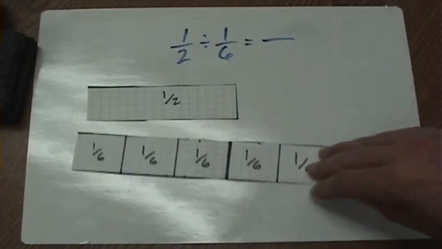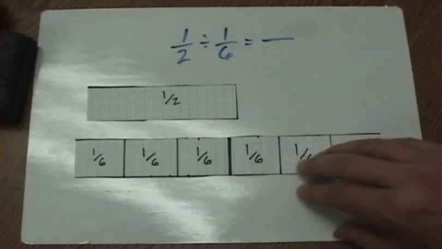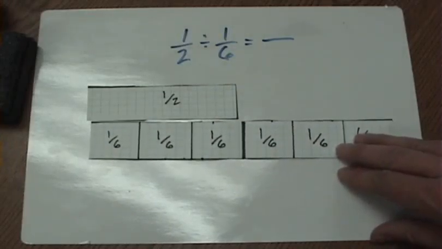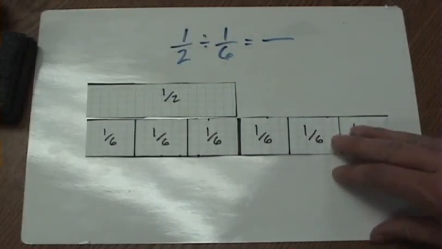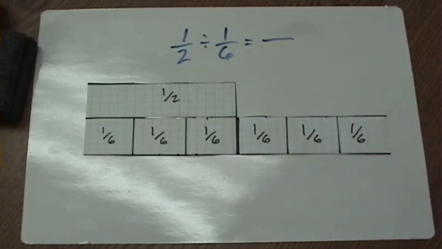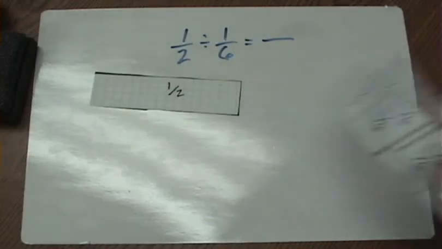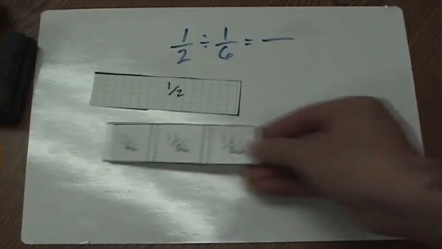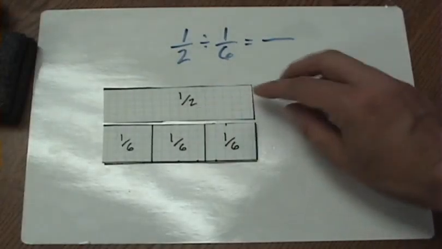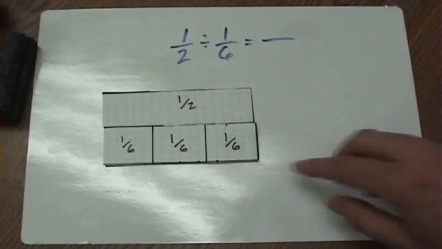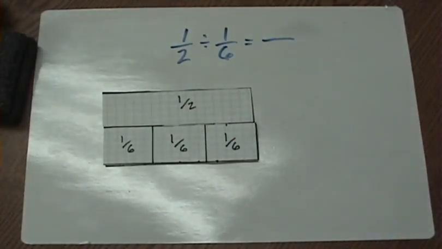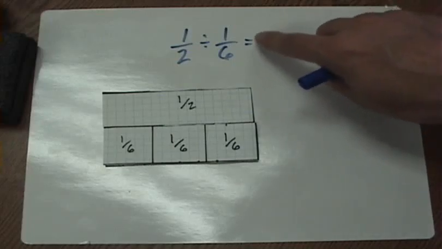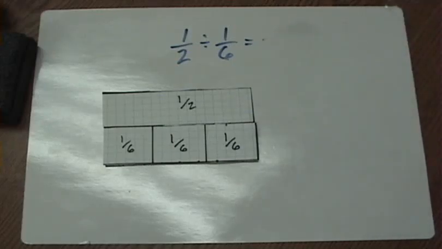So we'll take our 1/6 fraction tile, and if we line it up, you notice that 3 groups go in. So I can say that 1/2 divided by 1/6 is equal to 3.